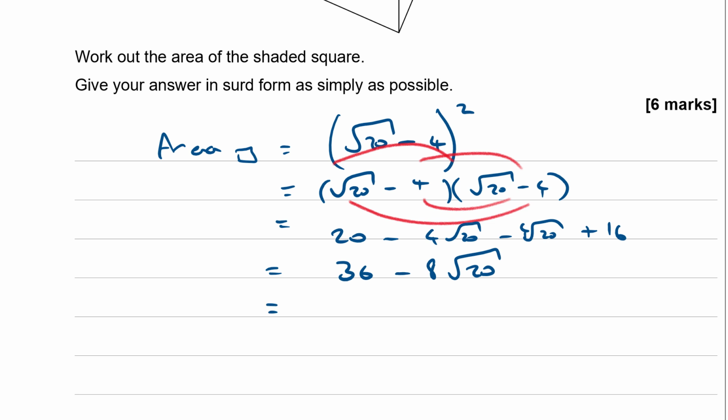Well, 20 has got a square factor in it, it's got a 4 in it, so I can rewrite that as 36 minus 8 lots of, well, that's 4 times 5, and the square root of 4 is 2, so I can take 2 out of the surd, so that's going to give me 36 minus 16 lots of root 5. Now I could factorize that as well, but I'm not sure it makes it any more simple than it already is, so I'm going to leave it as it is. So 36 minus 16 root 5.